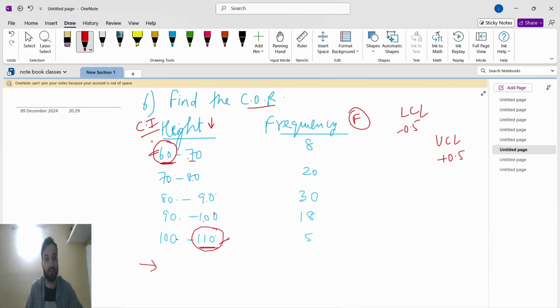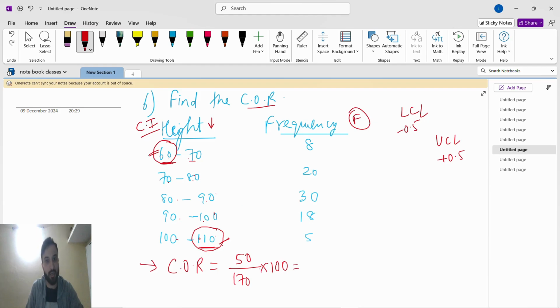That's it. So coefficient of range means highest observation minus lowest observation, divided by highest observation plus lowest observation, into 100. So 110 minus 60 is 50, divided by 110 plus 60, which is 170, into 100. Guys, you only have to see this.